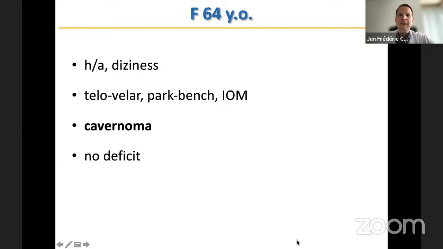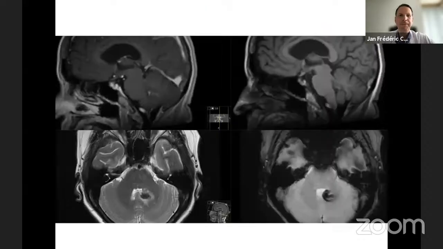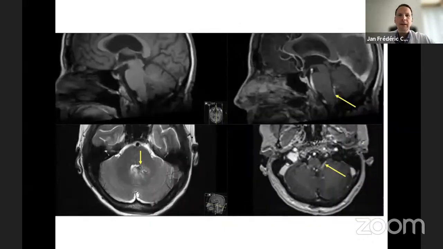64-year-old female who had acute headache and dizziness. And so she had this MRI, which showed a carcinoma of the left cerebellar peduncle. And after counseling about the pros and cons of surgery, she opted for a surgical resection. And so this is the post-operative.